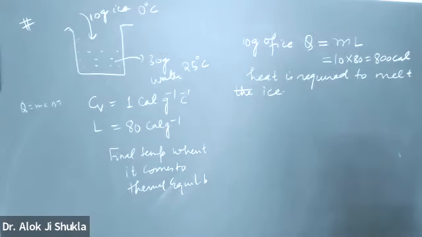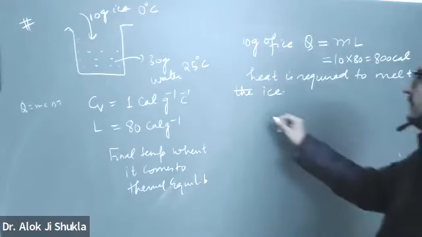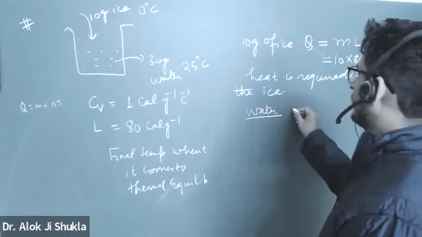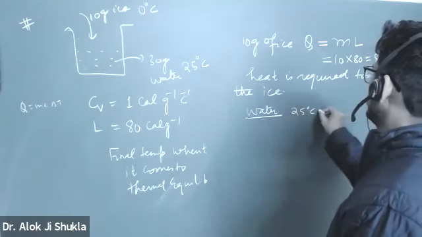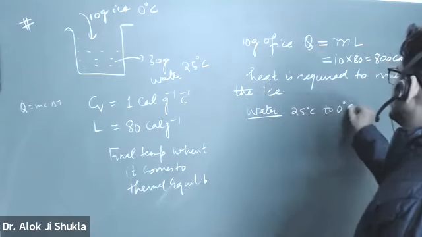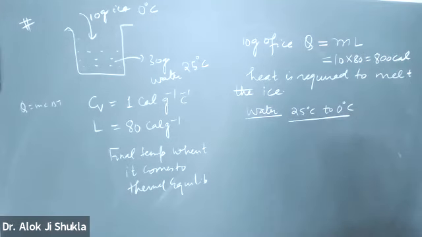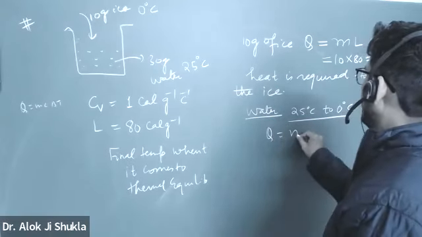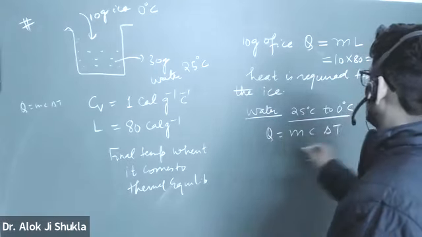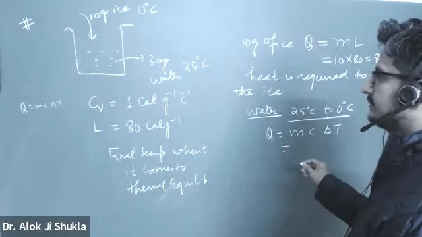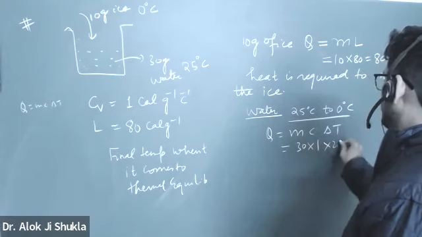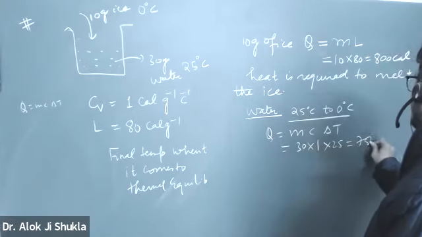So how much heat can this water give? Water can give heat if it goes from 25 degrees Celsius to 0 degrees Celsius. Yes or no? That heat is mc delta T, which is 30 into 1 into 25, which is 750 calorie.